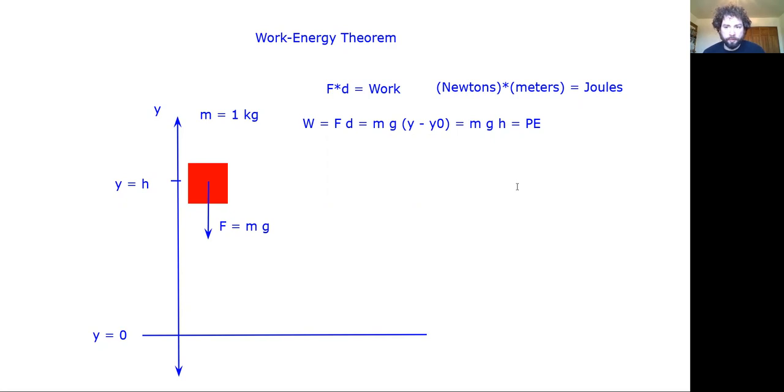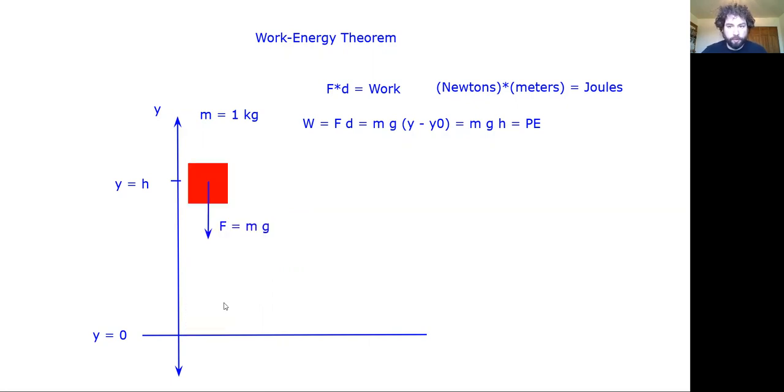Now I'm going to move on to potential and kinetic energy. So we have a certain amount of potential energy here. Say that the initial velocity is 0, and we just drop this from a certain height, and it's going to drop to the ground, and then it's going to have a velocity when it gets down there.